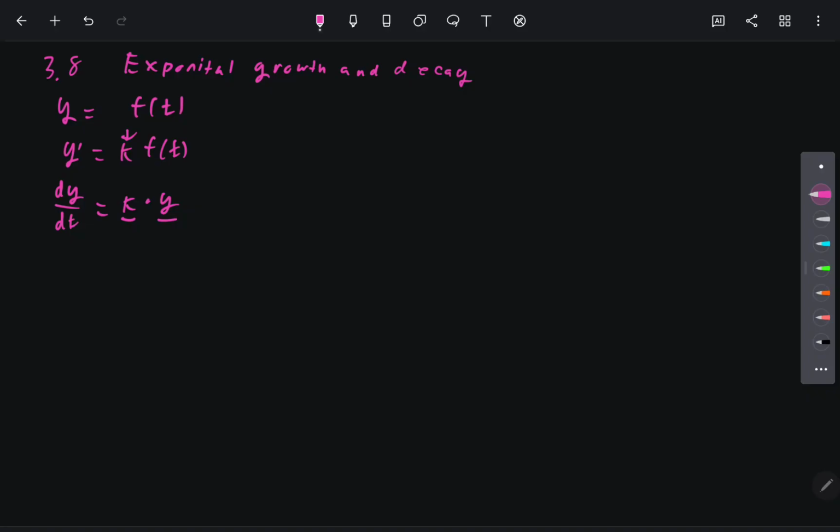Alright. And we actually have a name for this in math. This is called the law of natural growth, natural growth/decay.